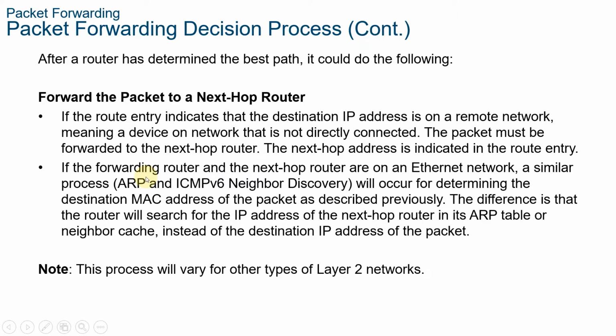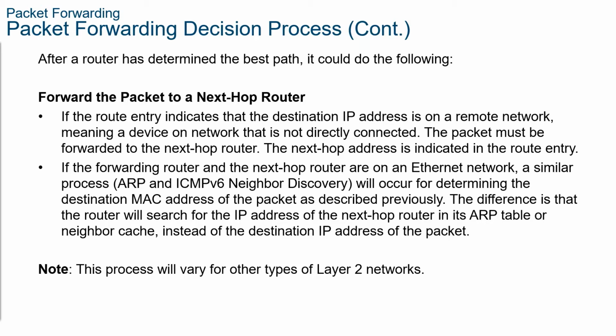Alright, so how about forwarding the packet to the next hop router? If the route entry indicates that the destination IP address is on a remote network, this means that the destination IP address of the packet belongs to a device on a network that is not directly connected. Therefore, the packet must be forwarded to another router, specifically a next hop router.